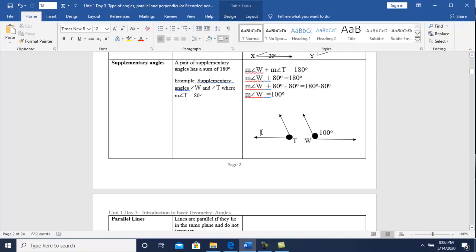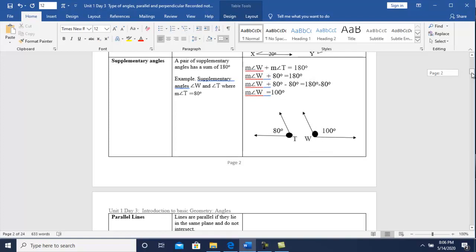So from our discussions from earlier, if we look at the two angles and join them together, it would make a straight line at the bottom, giving you 180. So that's an example of two angles that are supplementary.